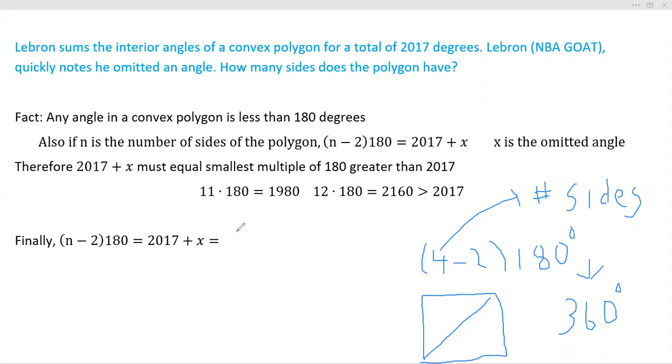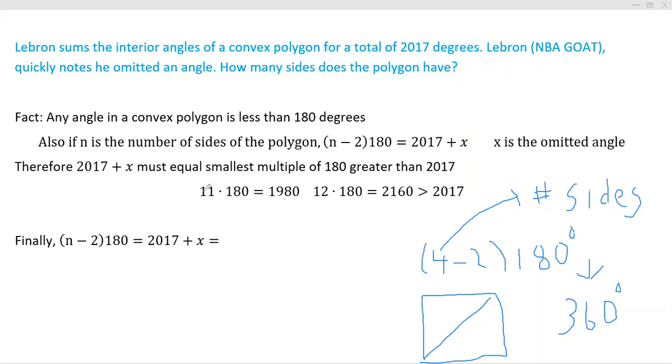Now, a couple of observations right here once we get this out of the way. This fact right here, that any angle has to be less than 180 degrees, along with this statement right here, leads us to the conclusion that you have to have a multiple of 180 that is strictly greater than 2017, but it has to be the smallest one possible.